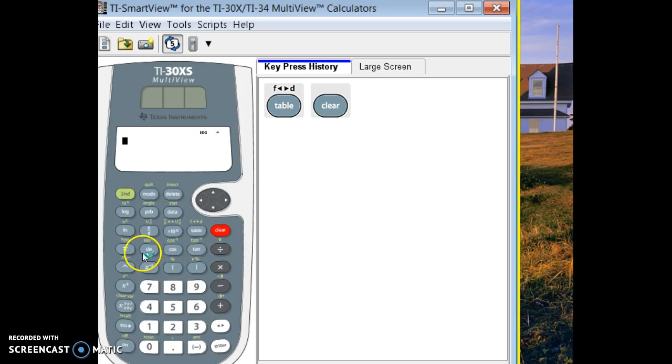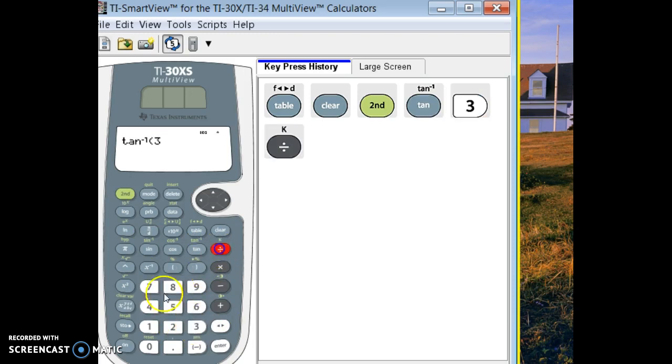If you're not sure, YouTube can be a good source to find how to use the inverse function. On this calculator, you hit the second button and hit tangent. Then if we hit 3 divided by 4, and then enter, it now gives us the measure of the angle, which is 36.87.